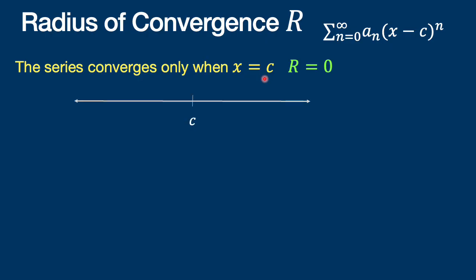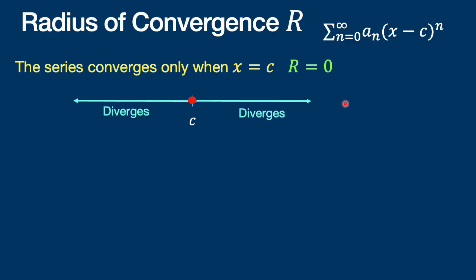I visualize c as the center; only at x equals c does the series converge, so the radius of convergence is 0. Other x values, x not c, on the right side, diverge. On the left side of c, it also diverges. That's what we call radius of convergence being 0.